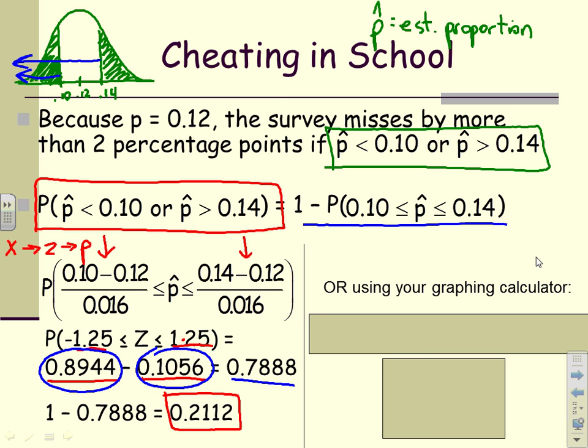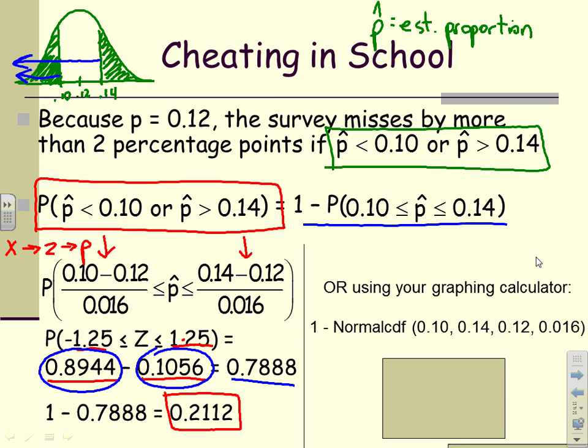We could also come in and use the graphing calculator, and if you think this is a normal distribution, we're going to be using the normal CDF function. Notice we start with the 1 minus, because what we're going to do is find the area in the middle, right? We say normal CDF low, comma high, comma mean, comma standard deviation.